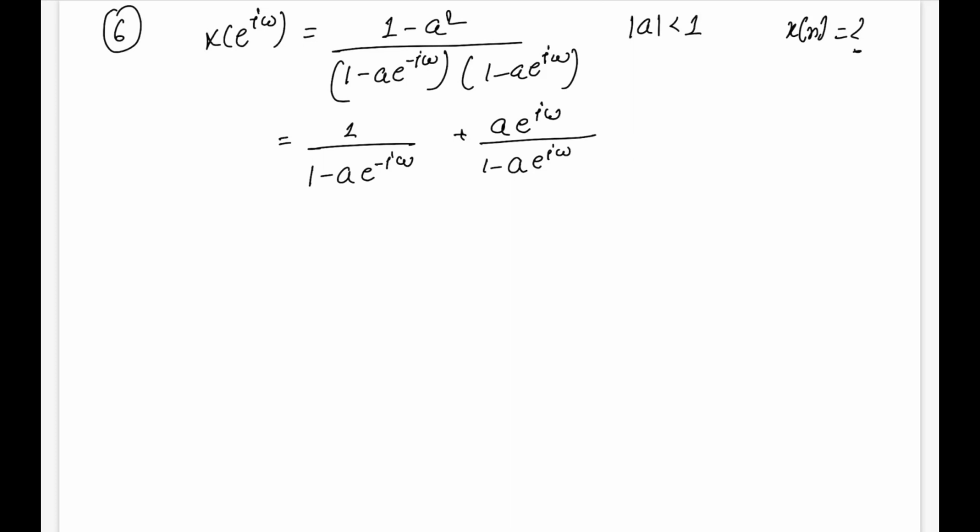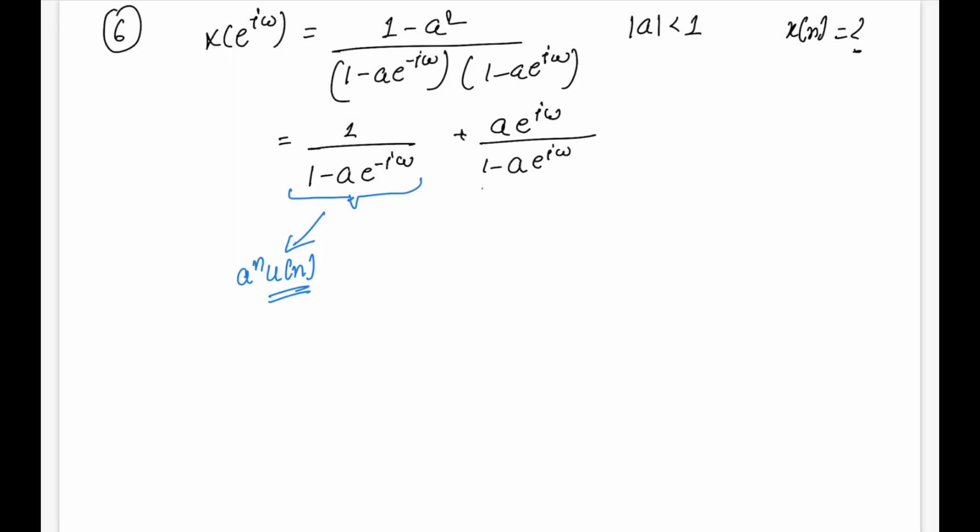Okay, so the inverse Fourier transform of this we have already calculated, and you can find it in the Fourier transform pair table also: it is a^n u[n].